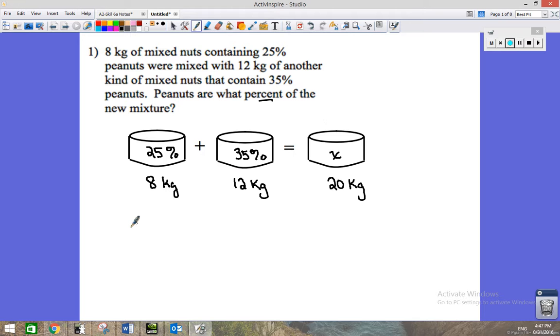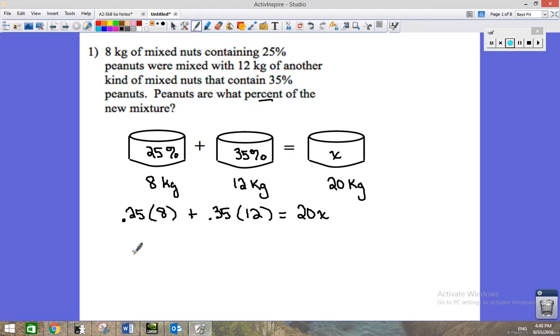So I'm going to take 25% written as a decimal times the weight. We're adding this other ingredient, 35%, 0.35 times the weight, and that's going to equal this x times 20, or we more commonly write it as 20x.